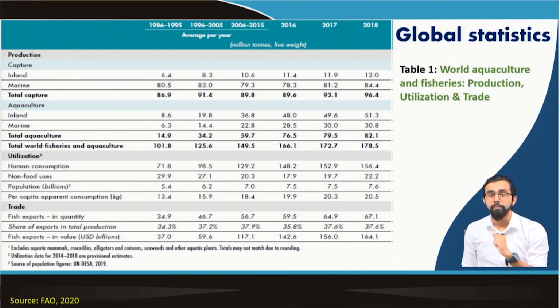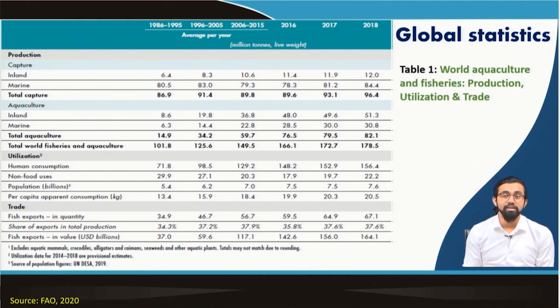96.4 million ton. Whereas in aquaculture, the total at that point was only 14.9 million ton. Now it becomes 82.1 million ton in 2018 data. This data is from the Food and Agriculture Organization's 2020 report.